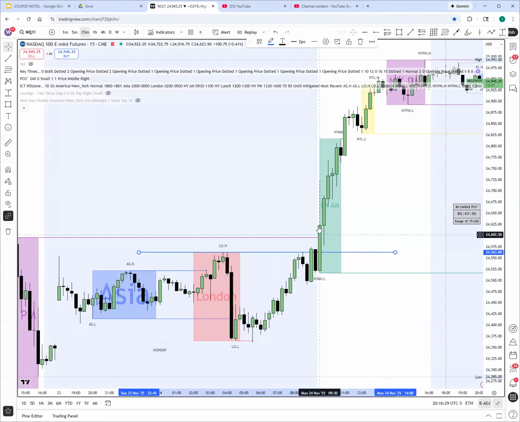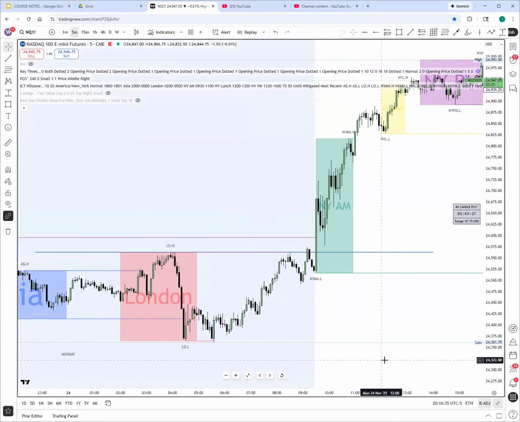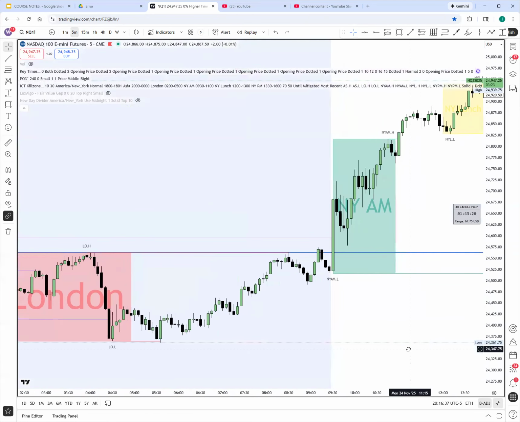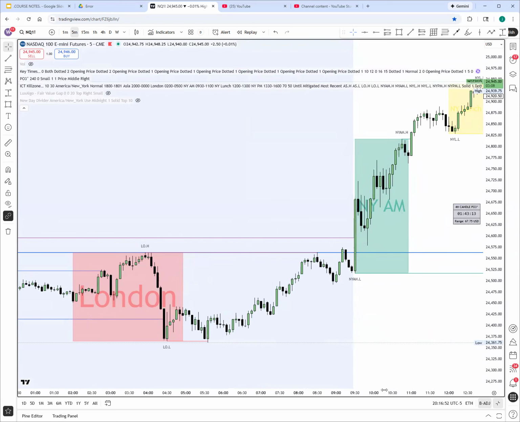So with this strong displacement here, I then went down to the 5 minute to see within these 5 minutes, were there any pullbacks? And you can see this is still the same London high. This is that same displacement that we saw on the 15 minute, just broken down into 5 minute candles where we can see price a little better and we can find those pullbacks.